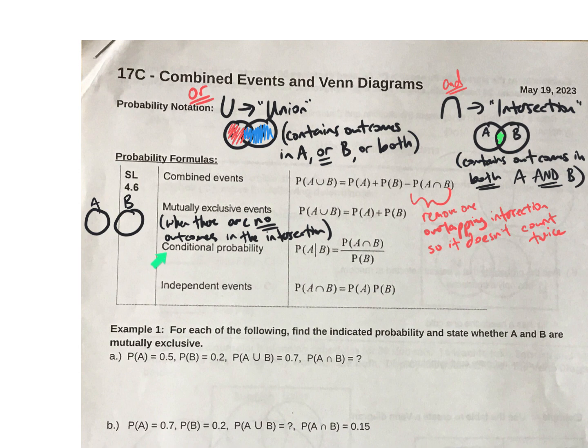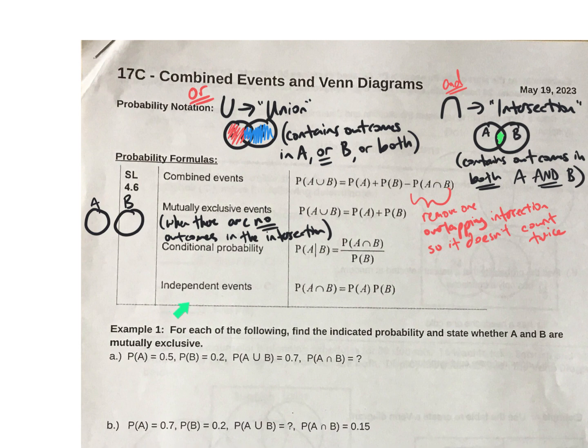We're not going to talk about conditional probabilities today, but we are going to talk about independent events a little bit. Independent events are just when one event does not affect the outcome of another event. To be able to use this formula, you have to be told that events are independent.